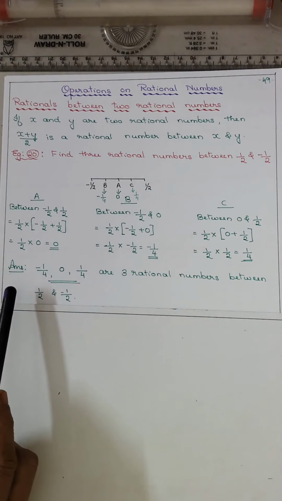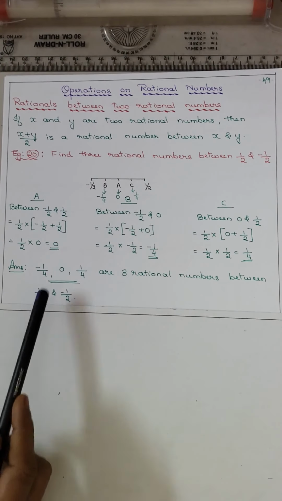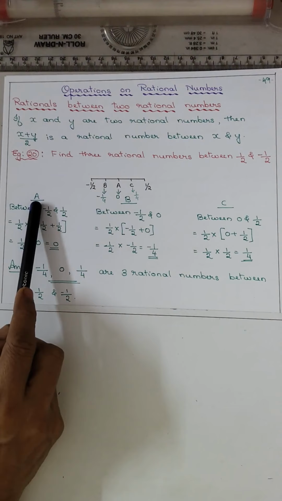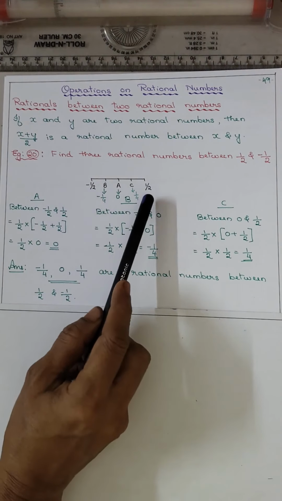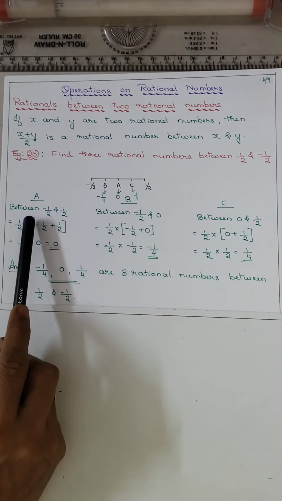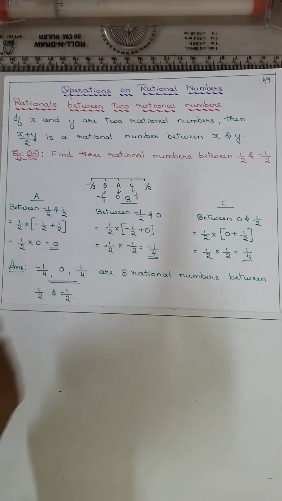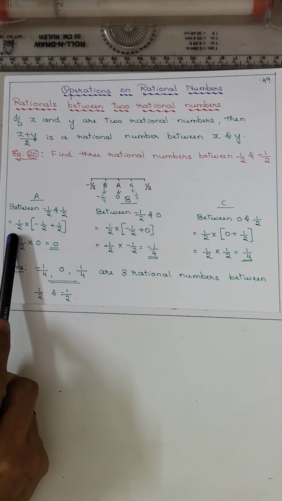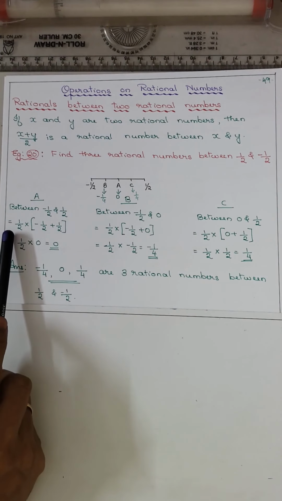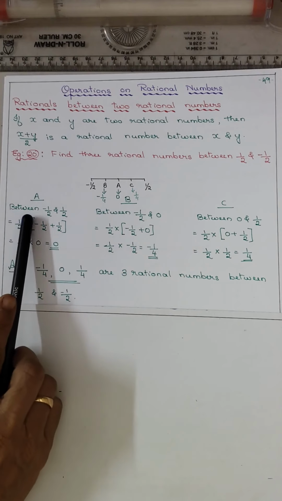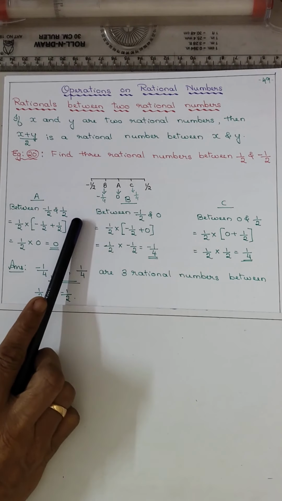How to find out? This is the method. So for a we have to find out between minus 1 by 2 and 1 by 2. So divide by 2 means what? Multiplied by half. So how will you write? The number between minus 1 by 2 and 1 by 2.